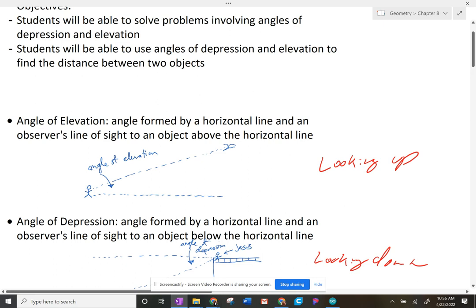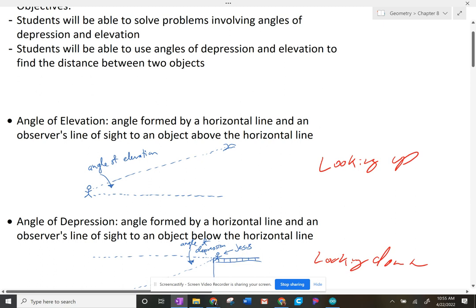Usually if they're building roads or a building, you'll have engineers out there doing that. Anyway, they can use these exact same things to figure out how tall something is, how wide something is, how much of a change in elevation there is. Okay, so it's the real world stuff of how people actually do those measurements.